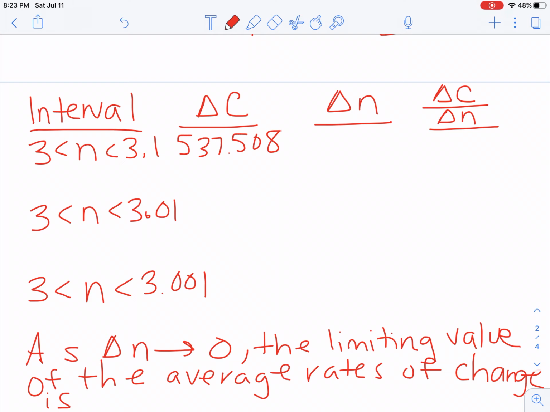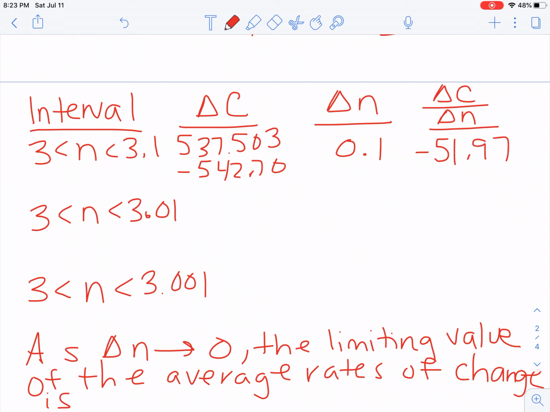You can store it in your calculator or save it. Oh, sorry, it was 503. You need all your decimal places somehow, though, please. Minus C at 3 was 542.70. And the change in n is 0.1. So when I divide delta C by delta n, I end up with negative 51.97.